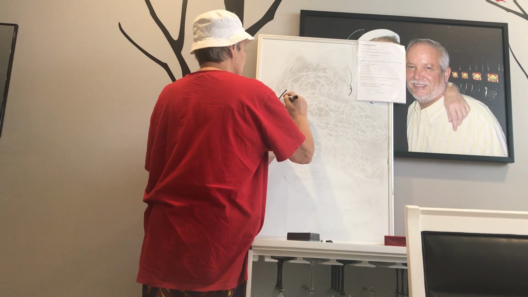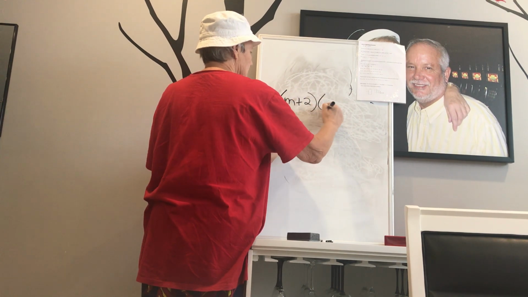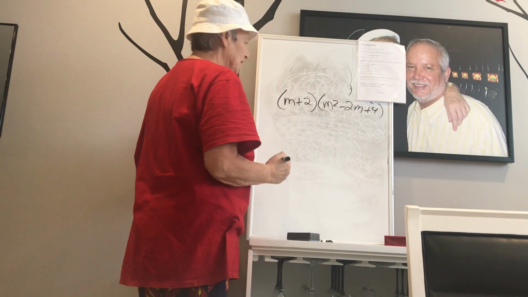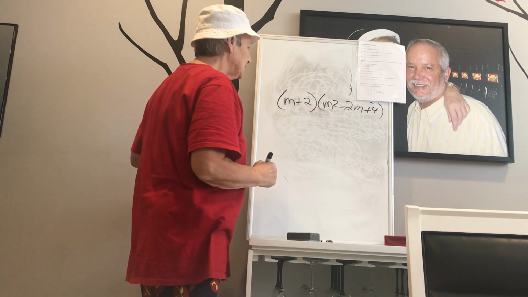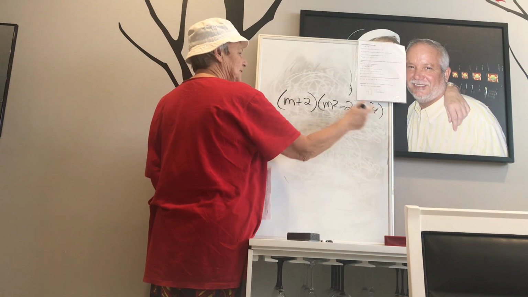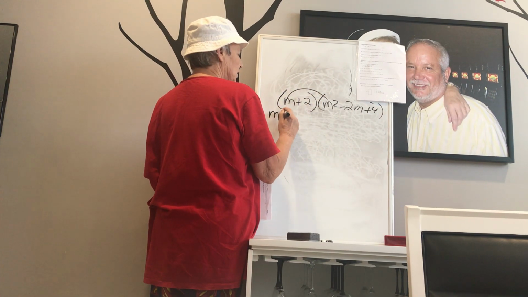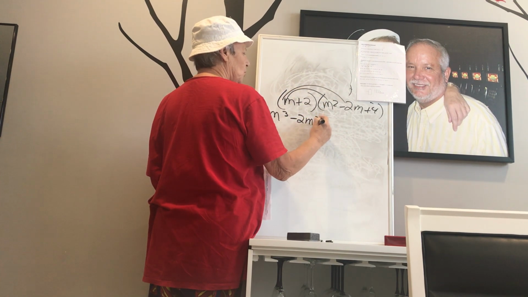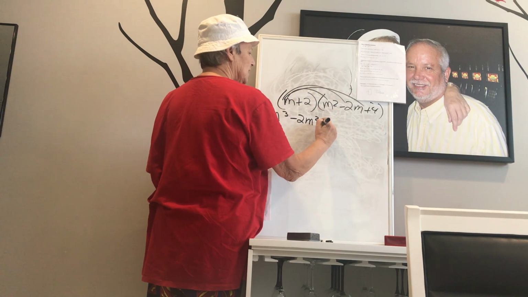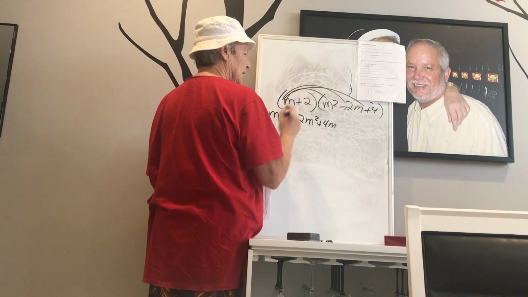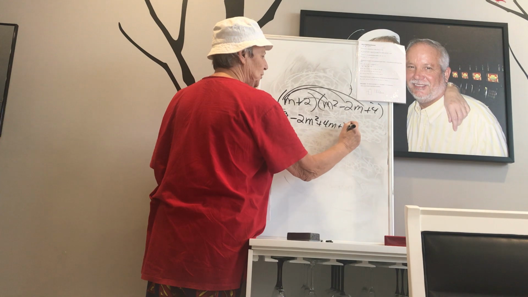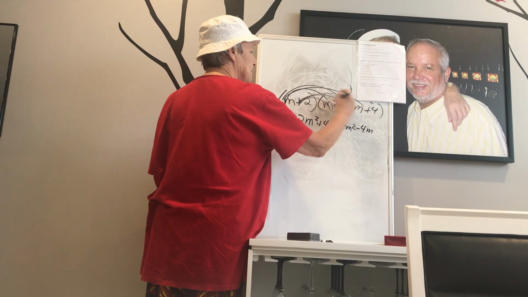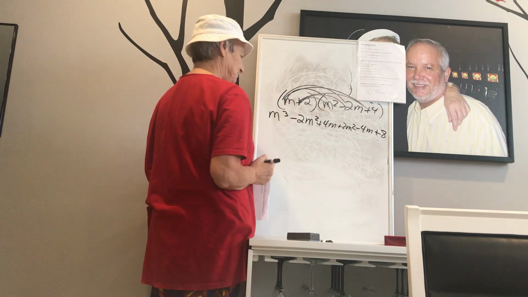Well, I'll do number 2. M plus 2, m squared minus 2m plus 4. This time I'm going to write smaller so I can get it all in and not make a dumb mistake. Okay, we're going to take everything times m first. M cubed minus 2m squared plus 4m plus 2m squared minus 4m plus 8.